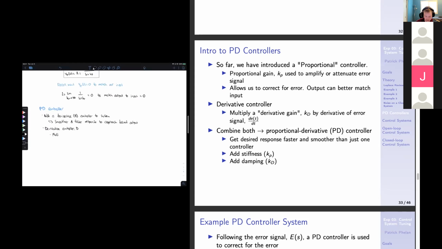All right. Okay, there we go. So to better have an output that is equal to our input, we're going to add on a derivative controller to our system.